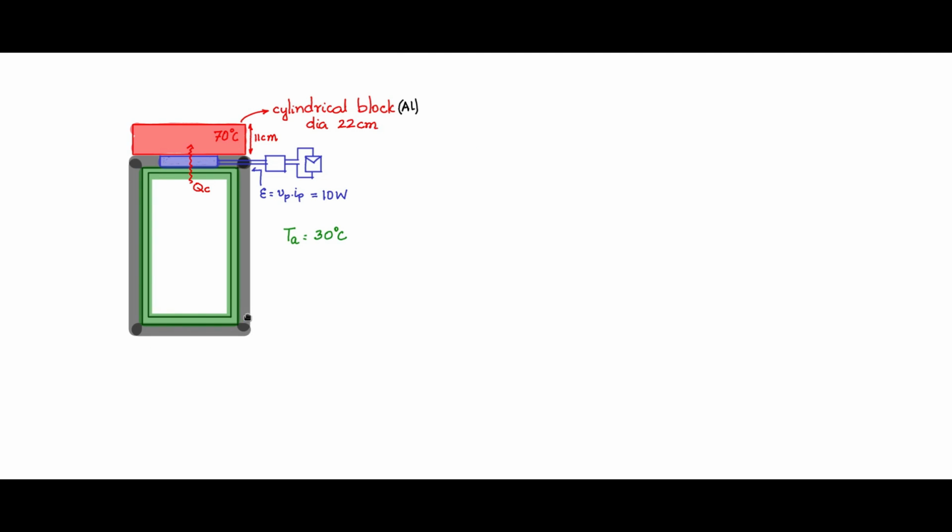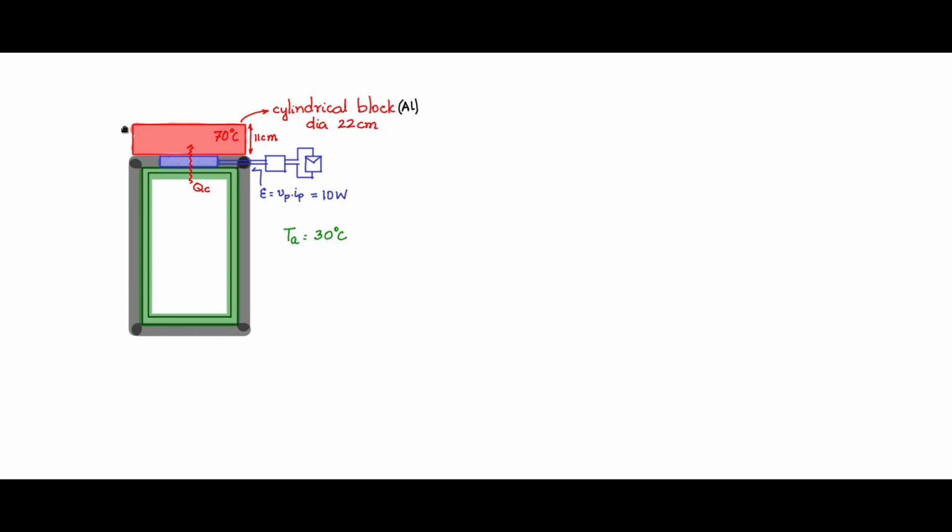For the same refrigeration problem where we want to cool the inside of this chamber, let us now keep all things the same. Let us say we still want to maintain this aluminum heatsink block at 70 degrees centigrade and the external ambient is 30 degrees centigrade, and we still supply 10 watts of electrical power into the Peltier element.